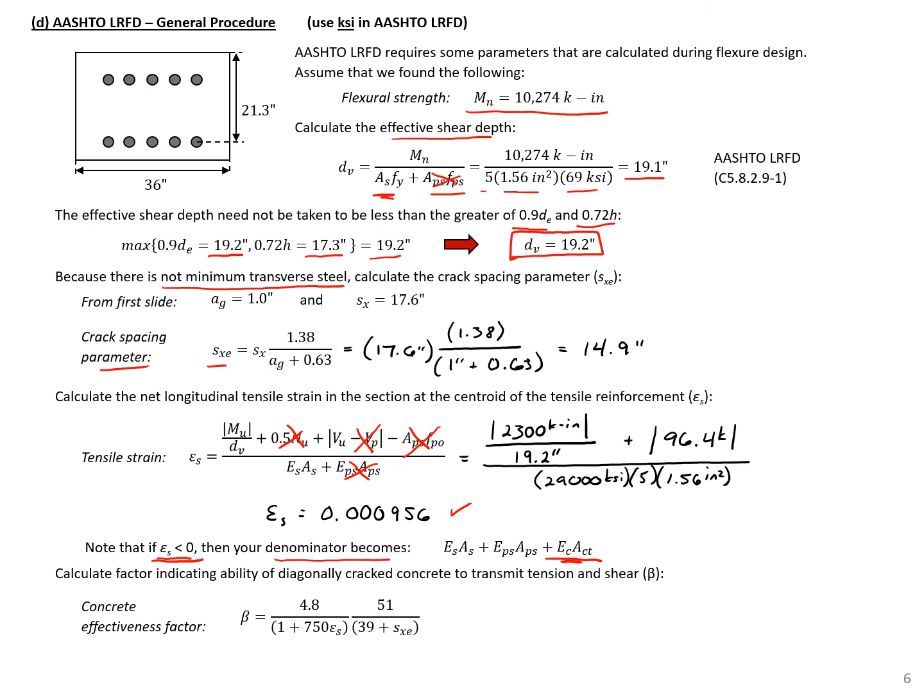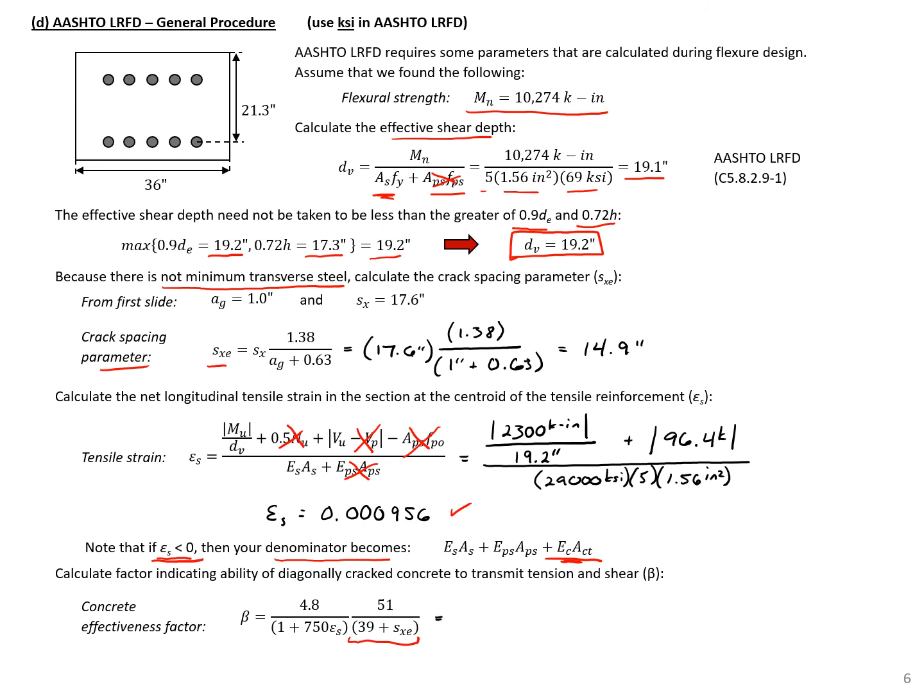All right, the next thing that we can do is find our concrete effectiveness factor. So for us, we don't have our minimum transverse steel, so we have this second component that we need to include.